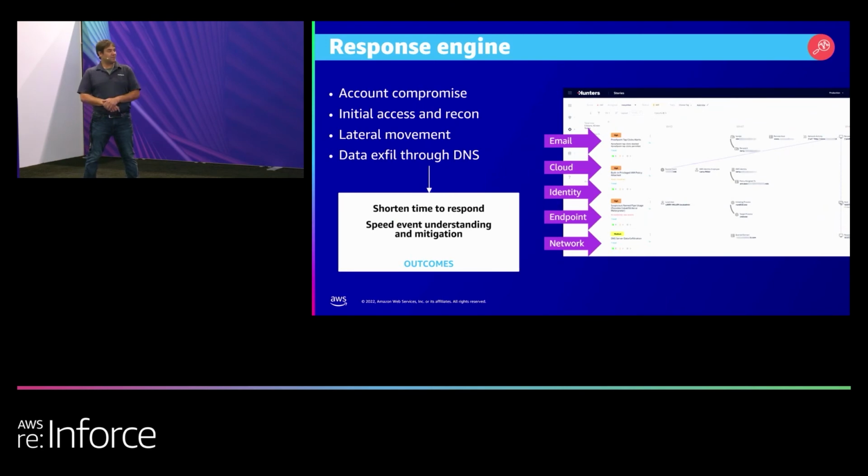Now, when accounts get compromised, we look at initial access, recon, different things that happen, lateral movement, data exfil, data exploit, DNS queries and such. And the idea is really to shorten the mean time to know, mean time to respond. A lot of people are asking me, how long does it take you to actually go through a response now?